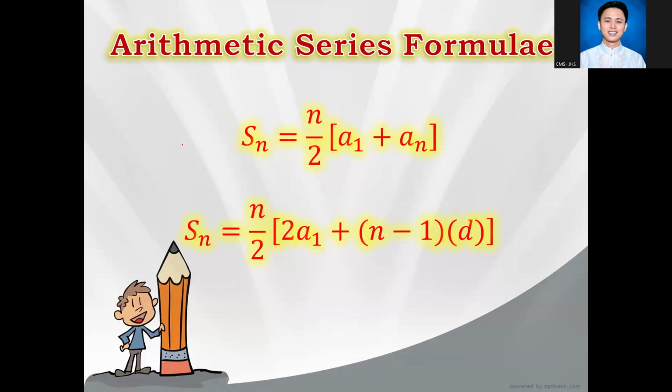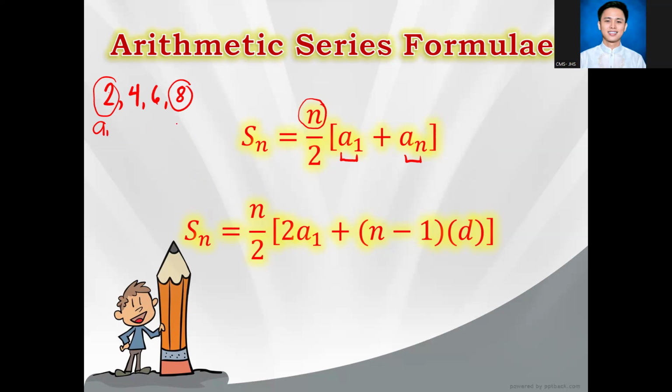You can make use of the first formula if you know how many terms we are adding. That's n. A sub 1 stands for the first term, the first number in the sequence. A sub n stands for the last number in the sequence. So for example, you have 2, 4, 6, and 8. This is our a sub 1, the first term.